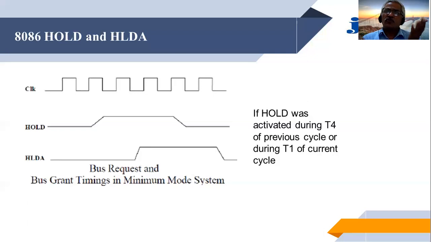If it is found to be high, then it generates the bus grant signal, or bus request acknowledgement, in the form of an HLDA signal.